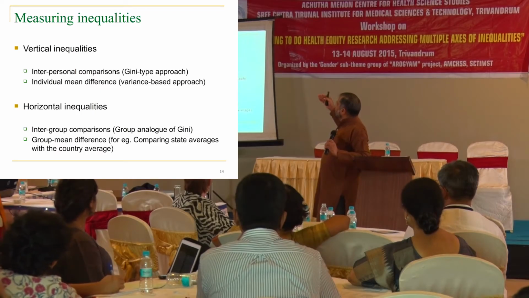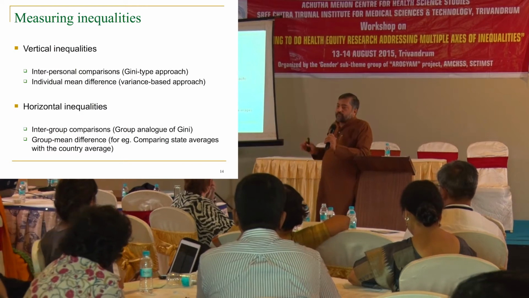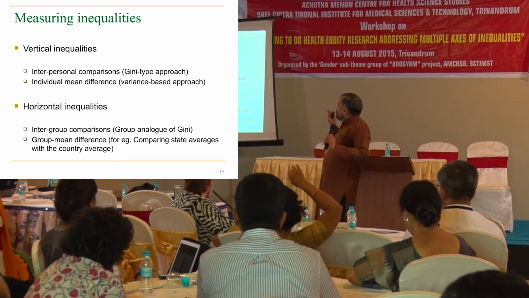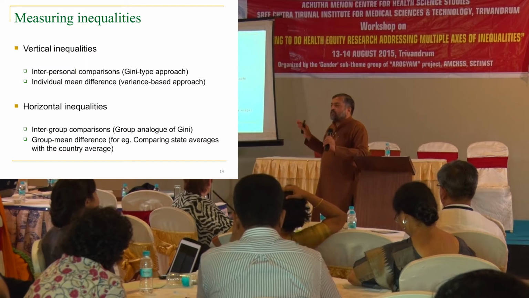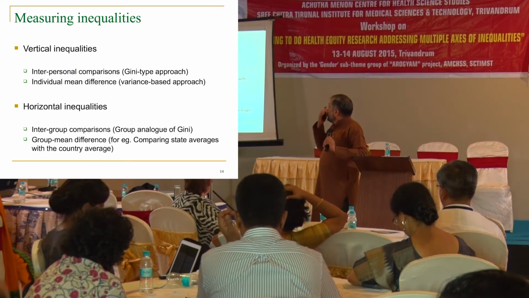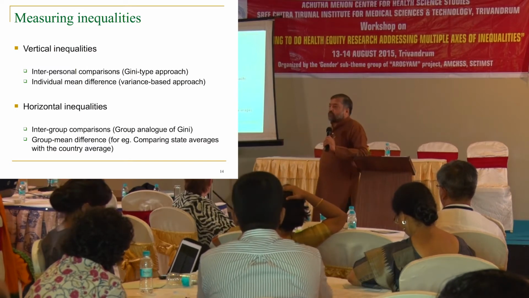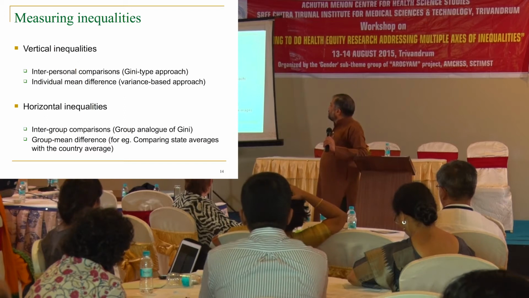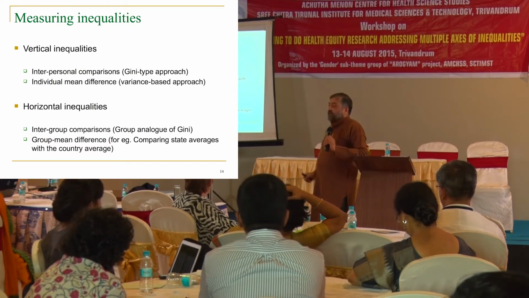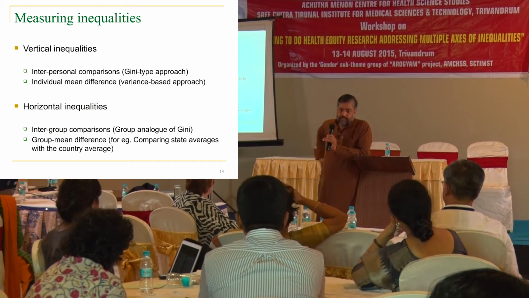Now, in vertical and horizontal inequalities, the methods that have actually been adopted are these: you have an interpersonal comparison, an individual mean difference and variance based approach in vertical inequality, and then in horizontal inequality you have intergroup comparison. You can compute, not necessarily the representative one I told about, within-group specific Ginis, and also there is a group analog of Gini.